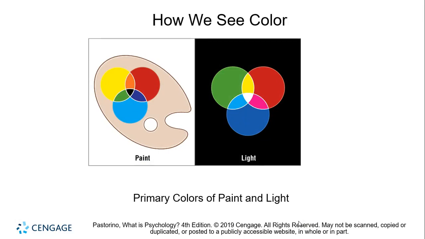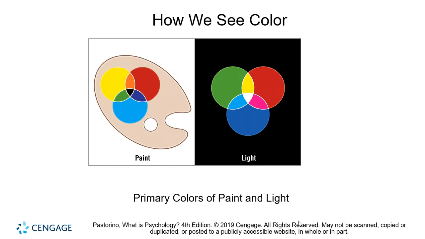Let me make a quick point about color created by light and color created by pigment. When you're in art class, if you're trying to make black, you're going to take red, blue, and yellow and mix them together as perfectly as possible to get that black. If you're trying to mix orange, then you want to mix yellow and red.